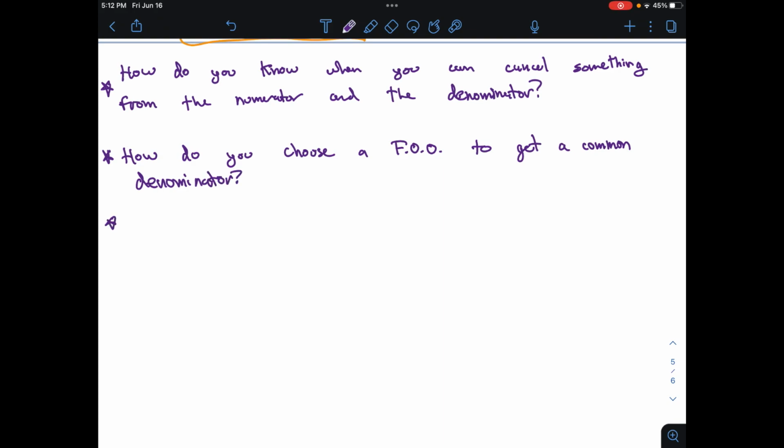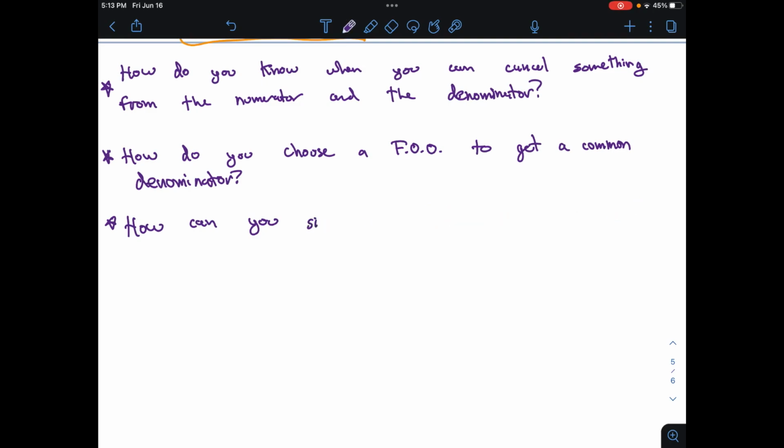Big idea number 3, I think, is how can you deal with fractions within fractions? Okay, so how do we turn those into a single fractional expression? So maybe I'll change this.